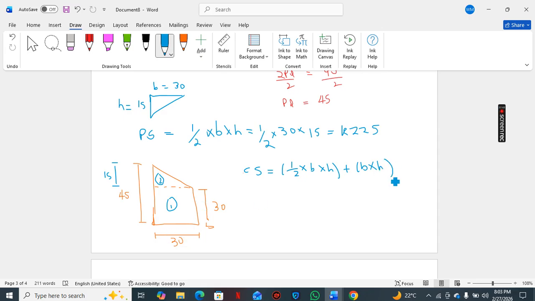So this is a square there. So we're going to say half multiplied by B, which is 30, multiplied by 15, plus B times H, that is 30 times 30.